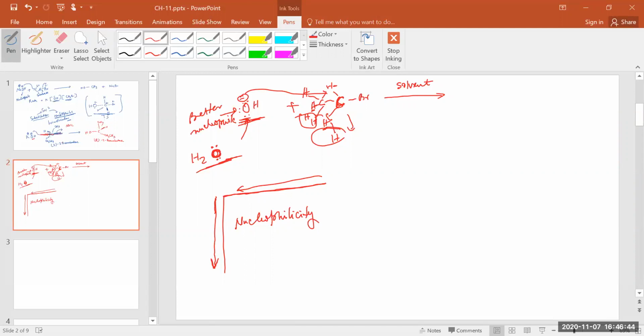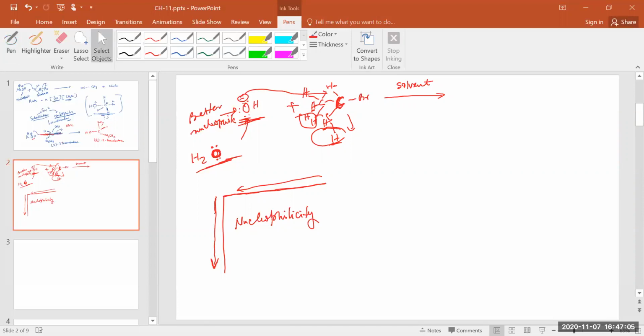So that will make the reaction difficult, because the nucleophile cannot approach. So if the electrophilic carbon is less sterically hindered, then the SN2 reaction will be easier.